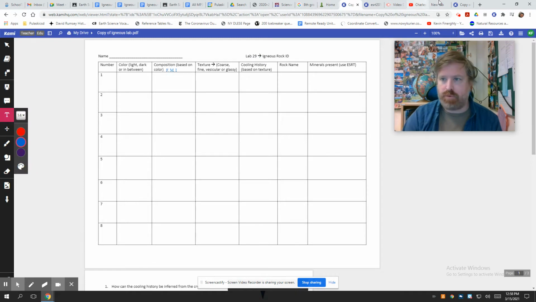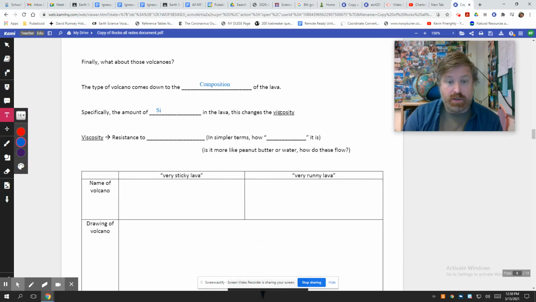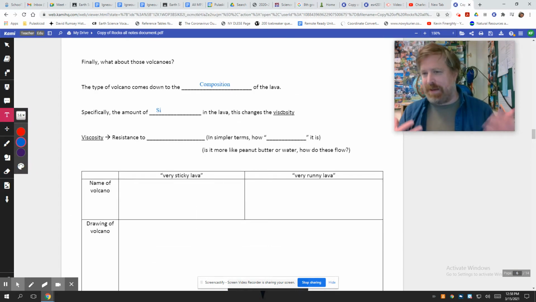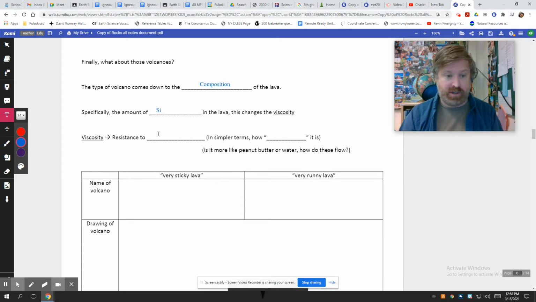So what does that mean for us? It changes the viscosity. Viscosity is a fancy term for resistance to flow, how sticky it is. Think of water versus maple syrup, or molasses. If I dump those both on the counter, which one's going to flow more easily?